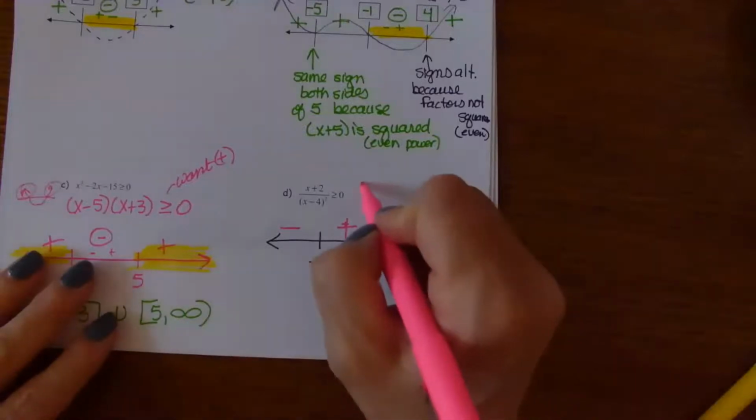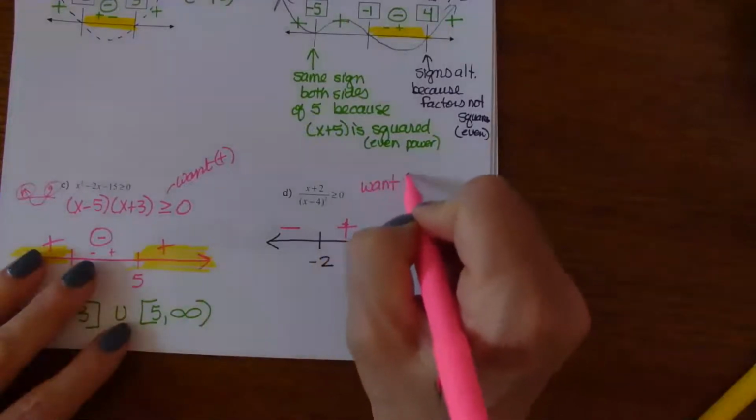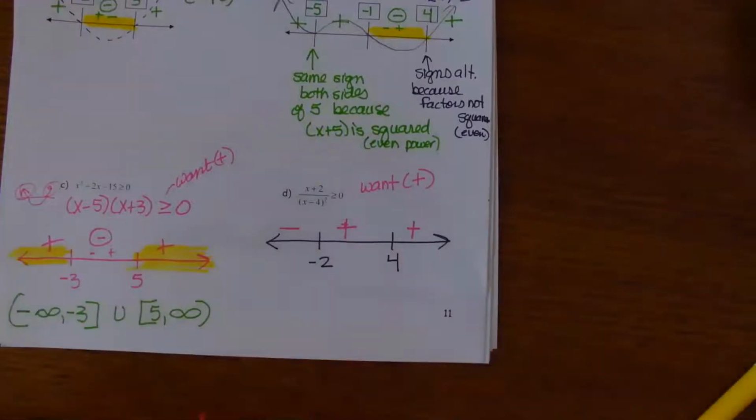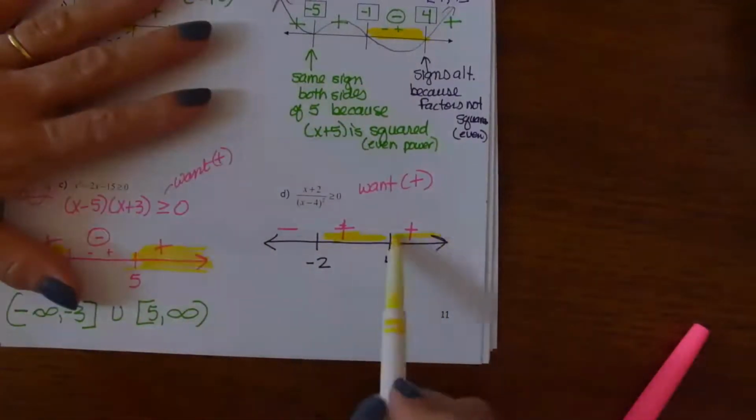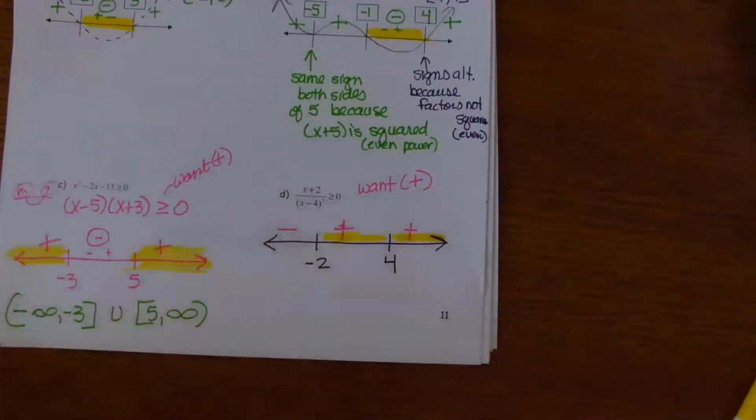Now we want positive answers. So I want this and I want this. But we need to discuss something now. The 2 is a good number because I can have a 0 in the top. What about the 4? Can I actually use that 4?